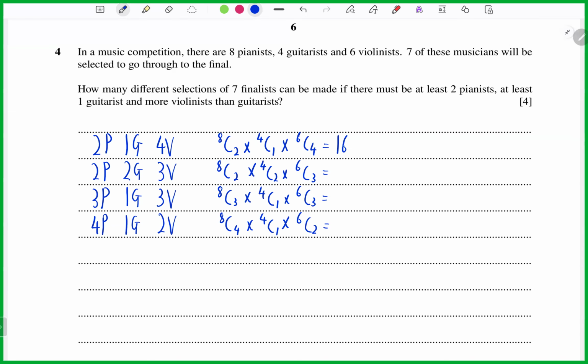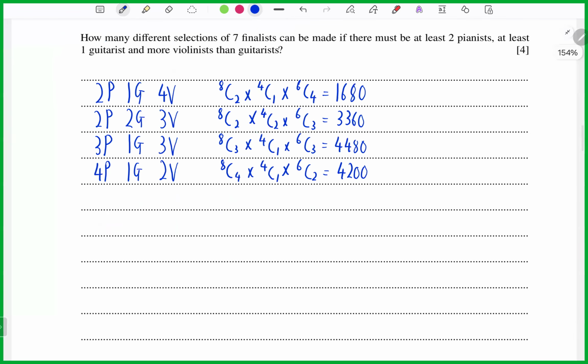Here is 1618. 3316. 4418. And the last, 4200. So now we already calculated these combinations, right? So now we need to sum.